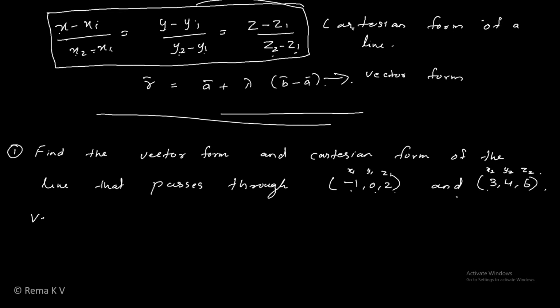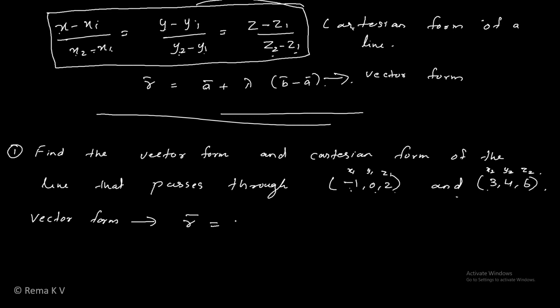So first let us write the vector form. Vector r is equal to a, the first point.